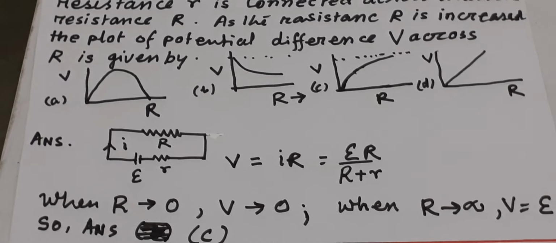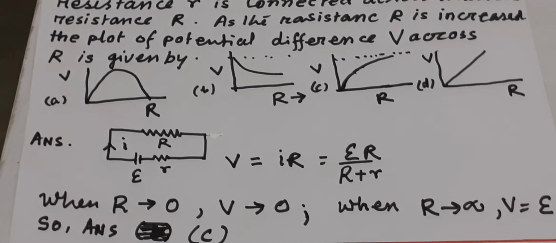Now from this relation you can see when R is 0, V has to be 0. When R tends to infinity, then V will be equal to the supply EMF of the battery.